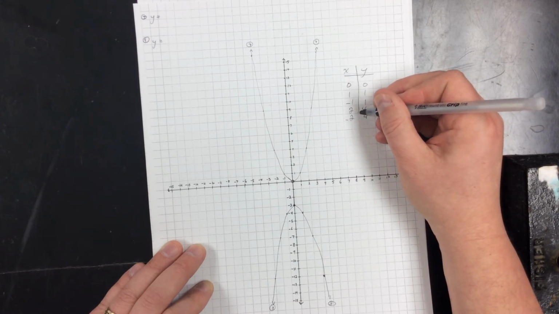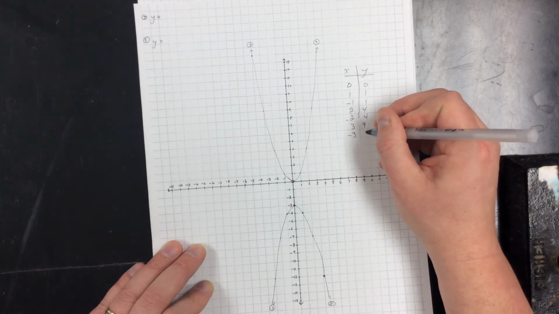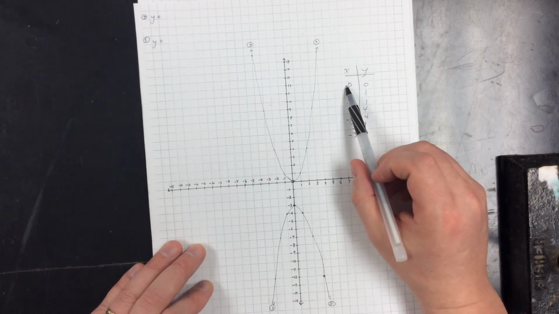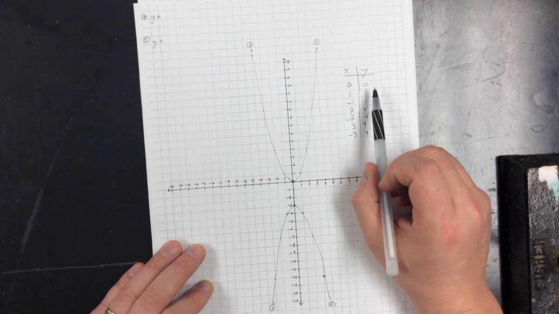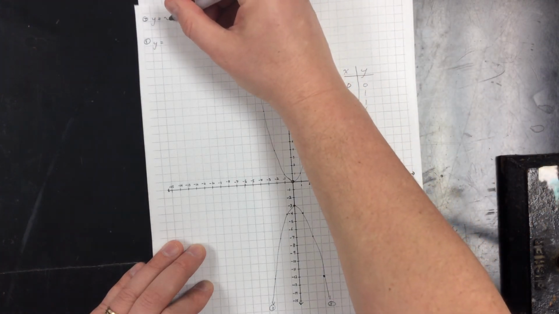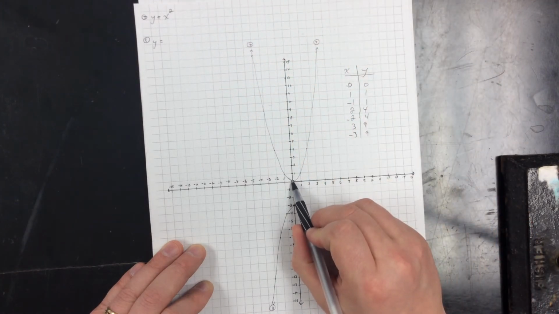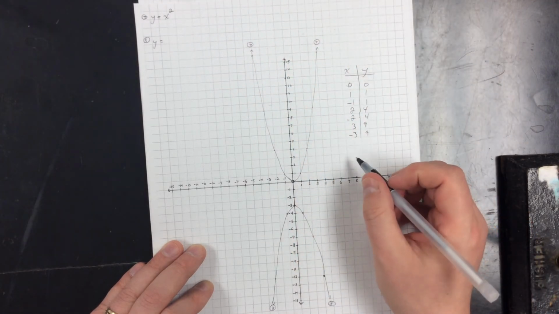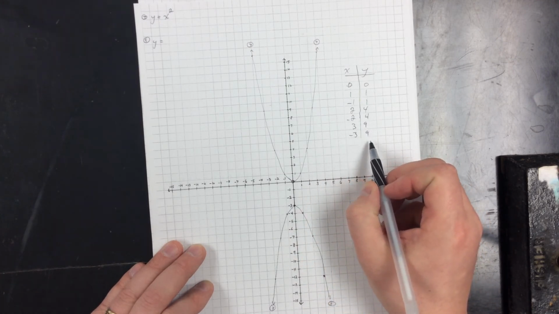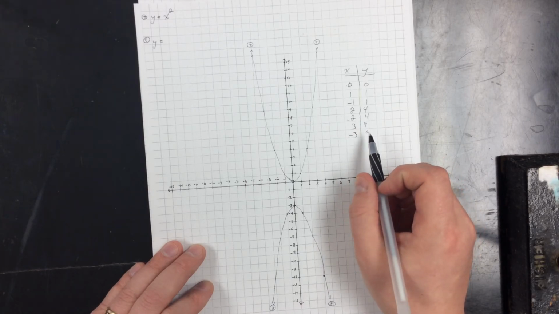If I kept going, I could say 3 and 9, negative 3 and 9, 4 and 16, negative 4 and 16. In each case it's squared, so it's going to be x squared. It's crossing through the origin, so it's plus 0. And this is just the normal slope because we haven't multiplied it again at all.